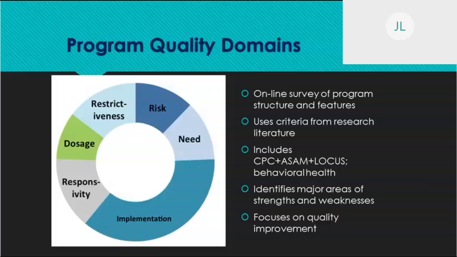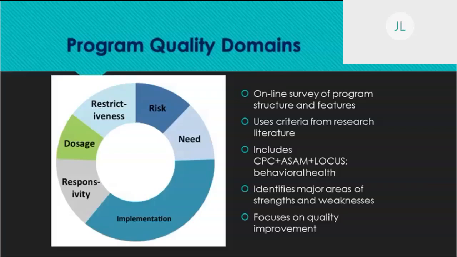So when we have the program tool, it's classified into one of those six areas. As many of you have seen when you get the results, and this has not changed, you have feedback in six different domain areas.